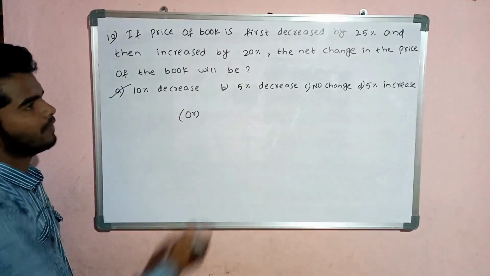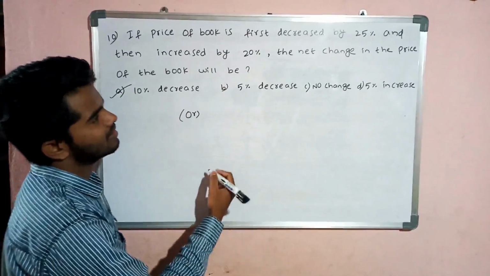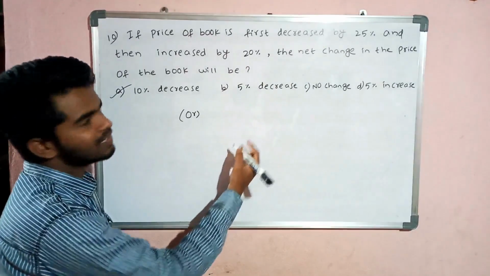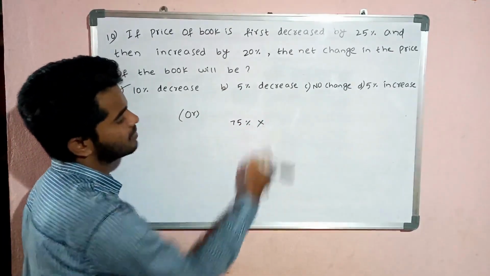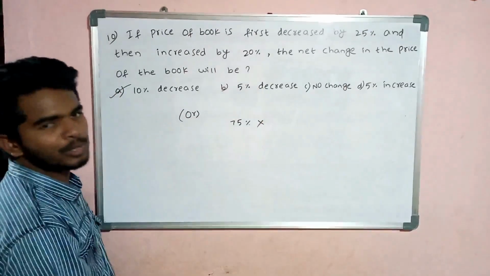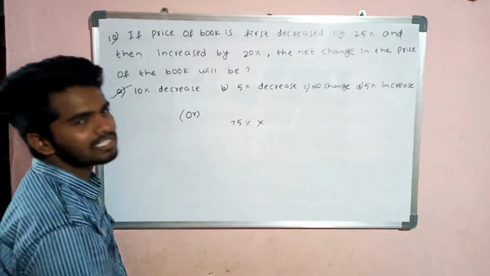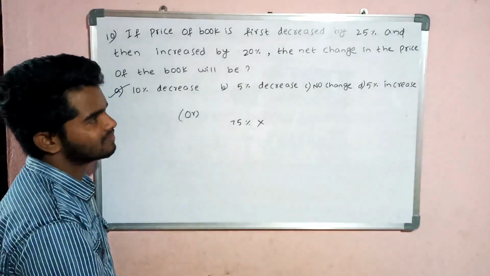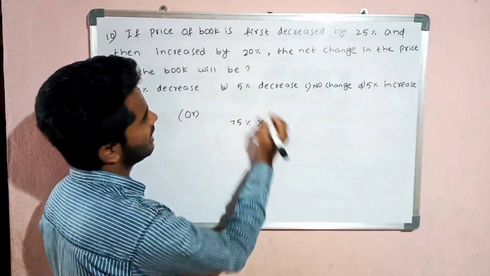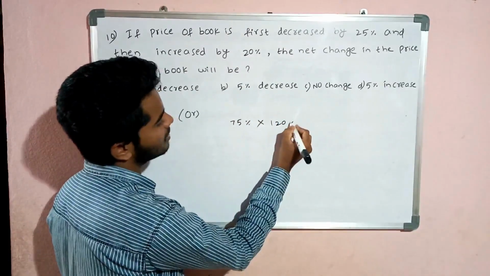Or, first decreased by 25%: subtract 25 from 100%, which is 75%, multiplied with the increase of 20%, which is 100 plus 20, 120%.